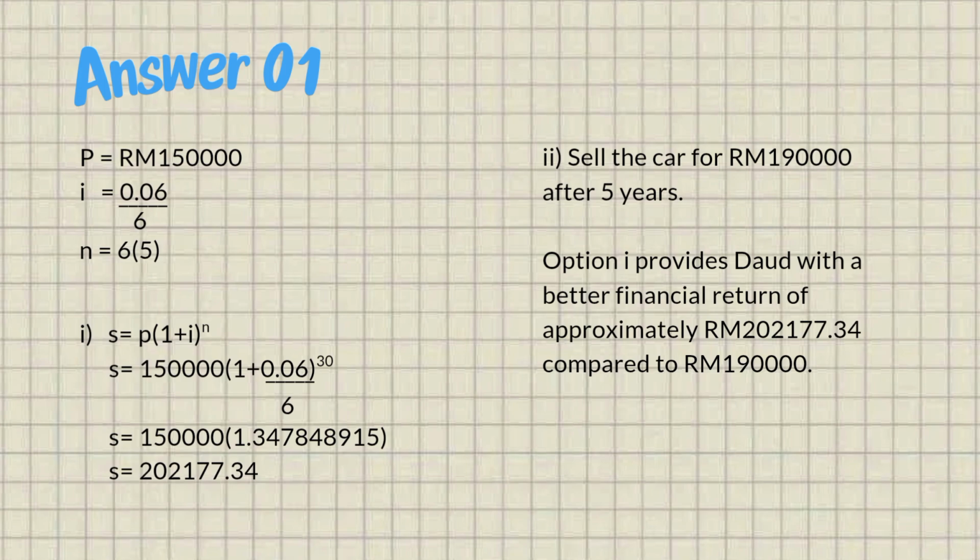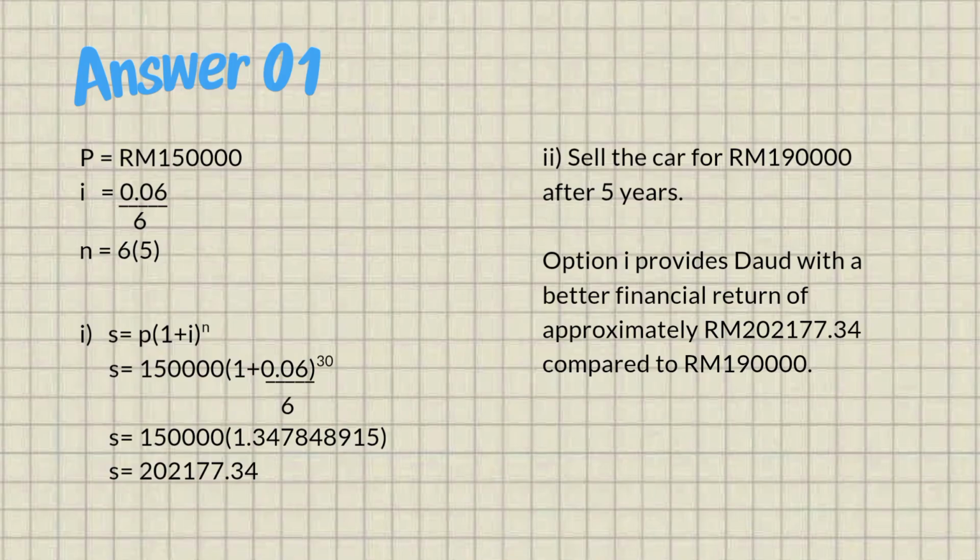For option 1, we calculate the future value of RM150,000 invested at 6% interest compounded every 2 months for 5 years. By using the formula S equal to P (1 plus i) to the power of n.